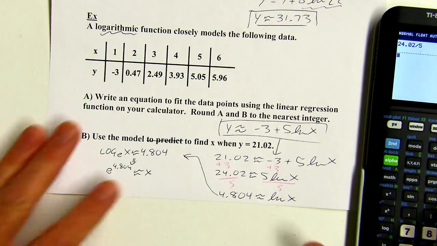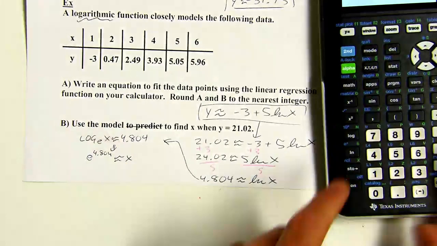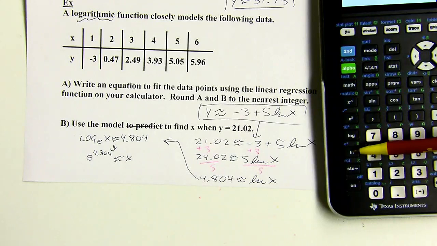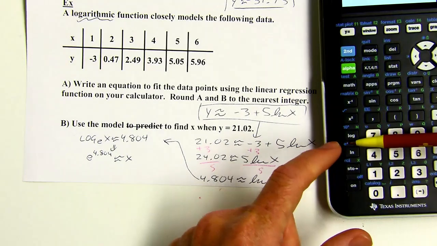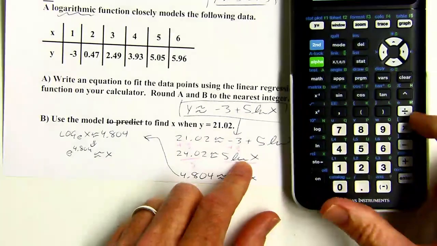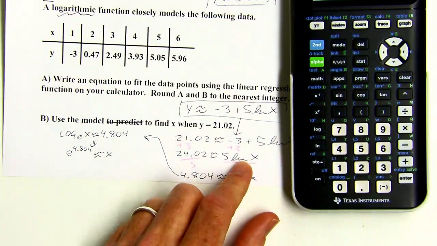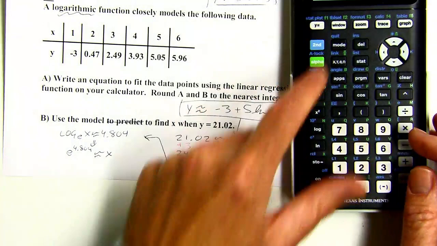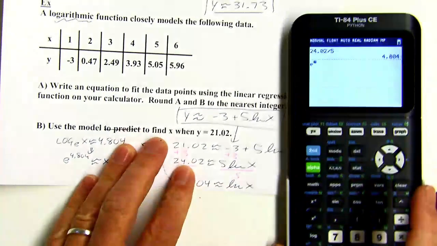Now I've got something I can put in my calculator, so I'm going to use this button right here, which is a little hard to see, but I'm going to hit second ln to get e to the x. There's also an e key above the division, so you could use that and then raise it to the decimal. But I'm going to use this button.